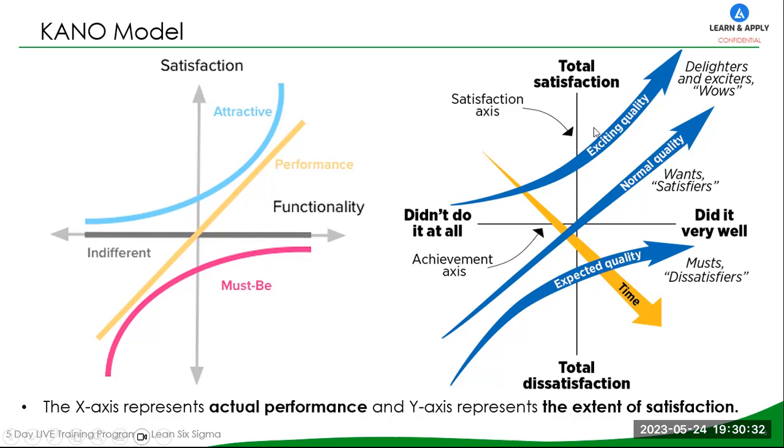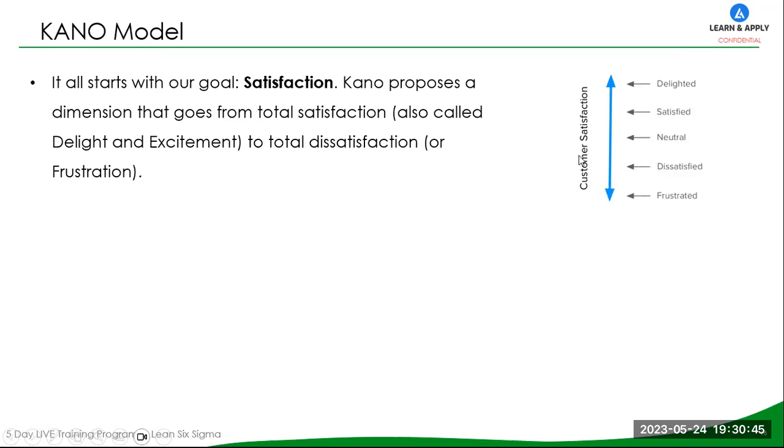Whereas the y-axis talks about customer satisfaction. It is from totally dissatisfied to totally satisfied. So these are the two graphs. If you go into more detail here, you can see the y-axis indicates customer satisfaction, and it goes from frustrated to delighted.